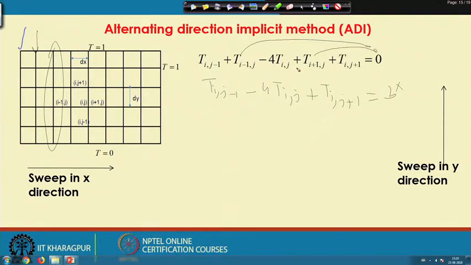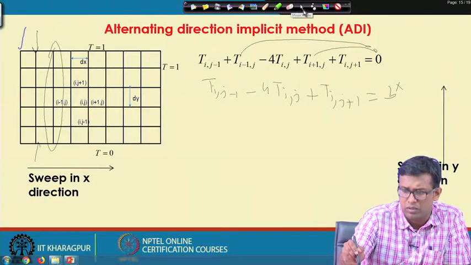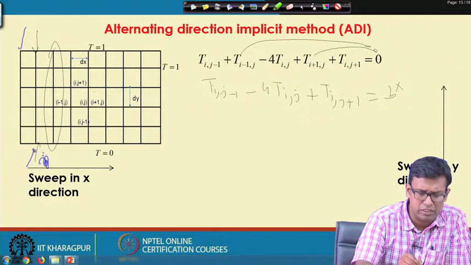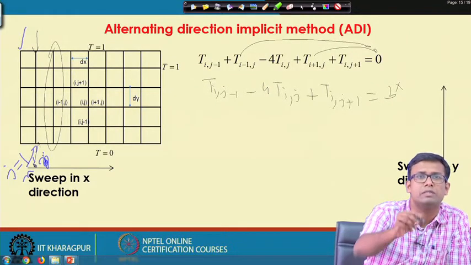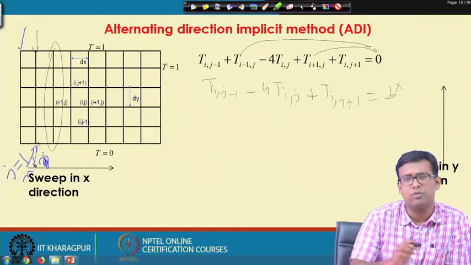So, what you essentially do is solve along all the j points here, j is equal to 1 to n, in this particular line, and then you move into another line.